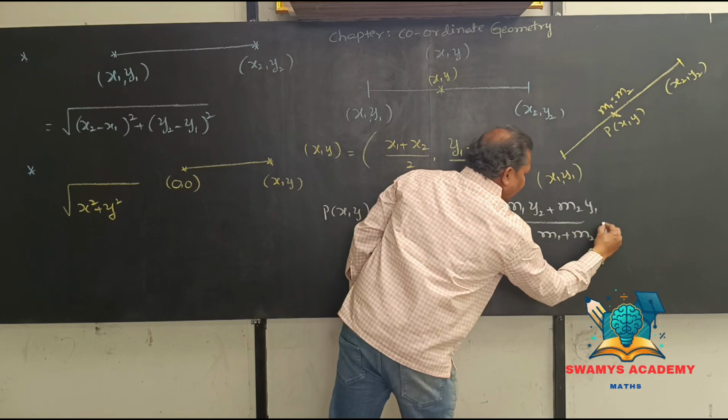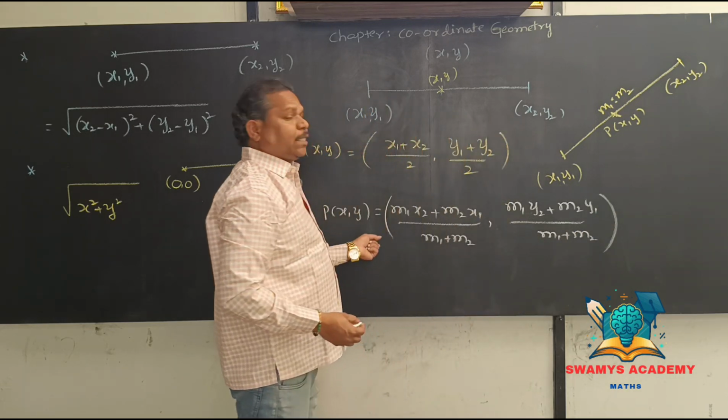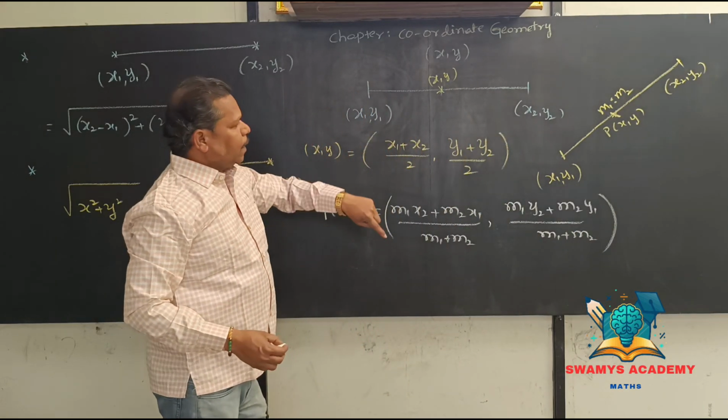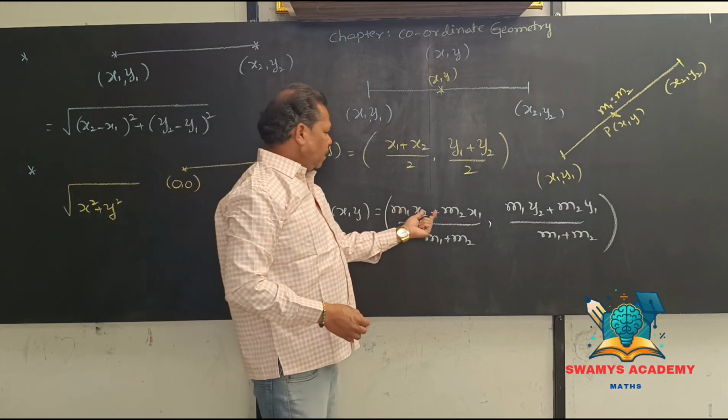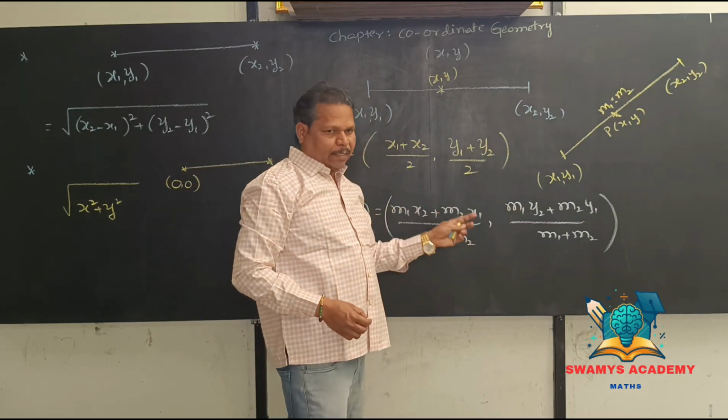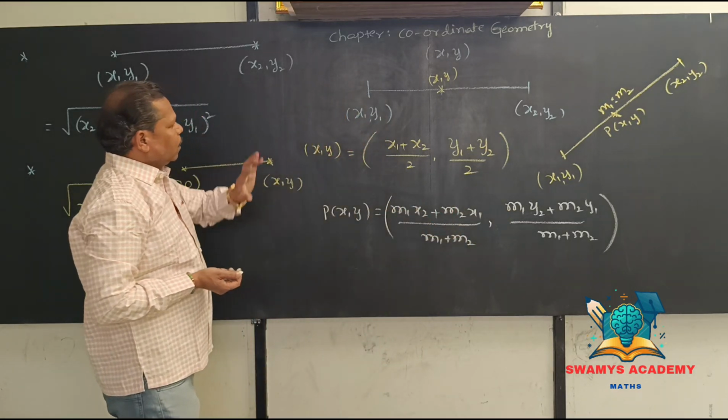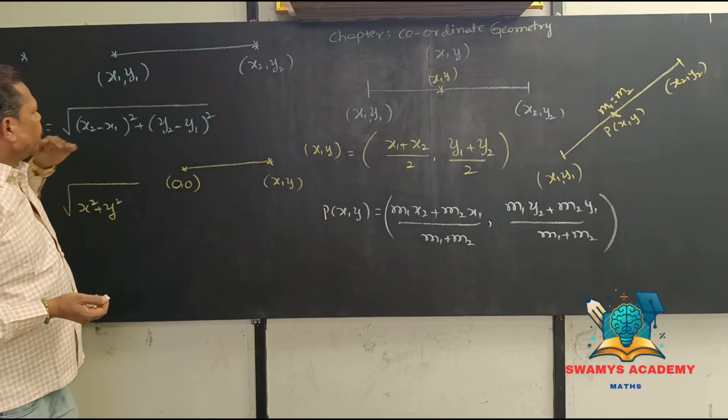This is what we call the section formula. This is for internal division. If you want to find it externally, the sign in between will be minus.